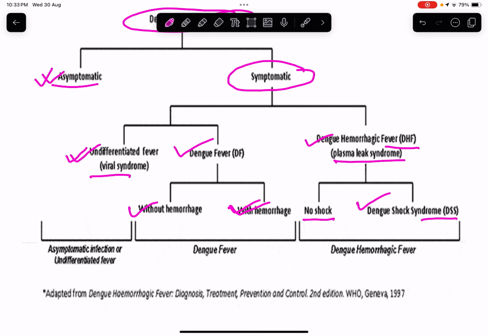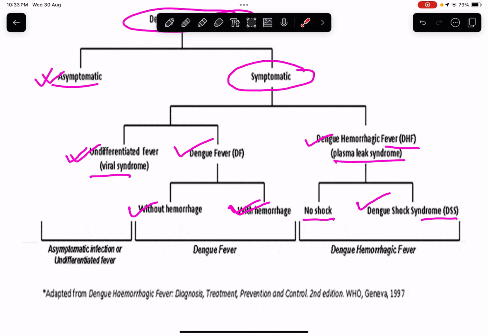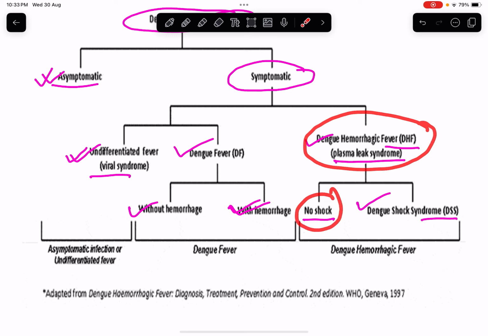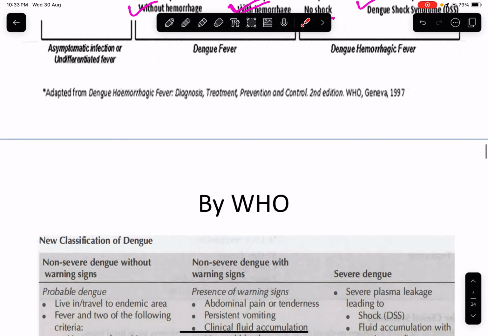So these are the symptomatic cases of dengue, where the patient may present with undifferentiated fever, dengue fever without or with hemorrhage, or dengue hemorrhagic fever or plasma leak syndrome without any shock or with shock. It will be known as dengue shock syndrome. So this is about the variety of clinical manifestation of dengue infection.